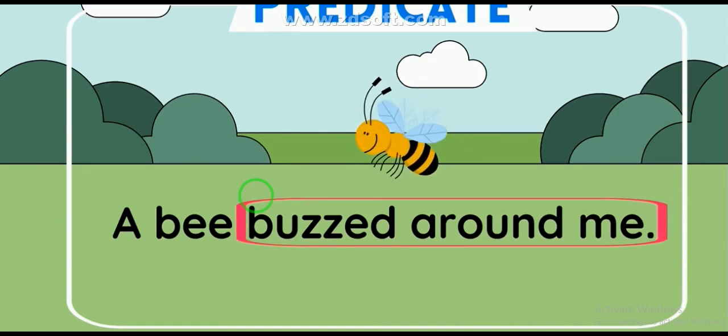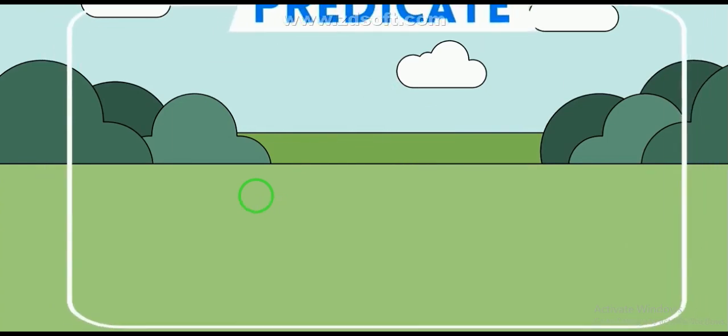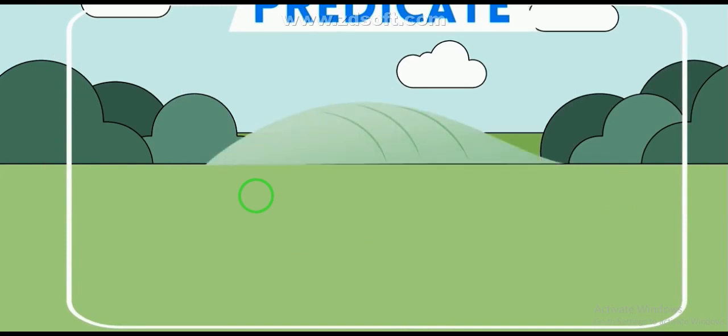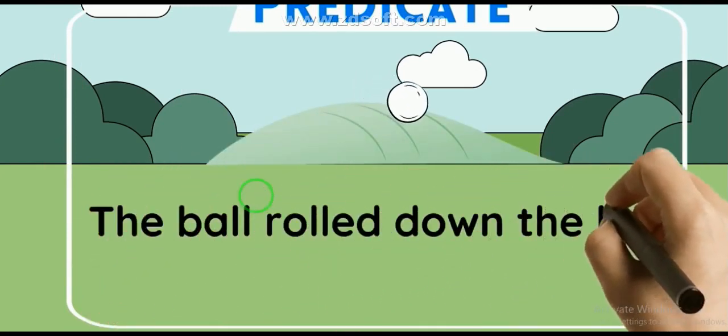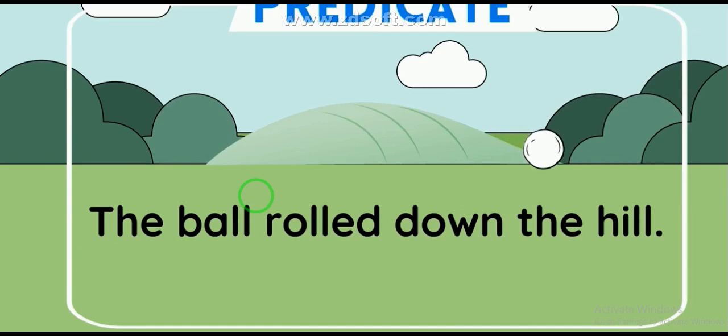Buzzed around me is the predicate because this part of the sentence tells what the bee did. Good job! Let's try one more. The ball rolled down the hill. What's the predicate? Good job! Rolled down the hill is the predicate because it tells what the ball did.